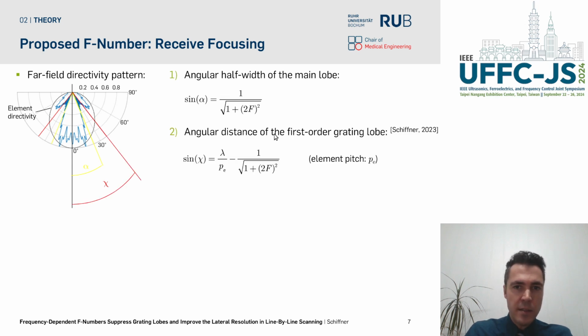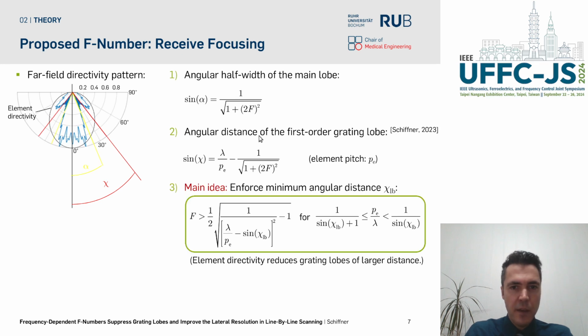The angular distance of the first-order grating lobe additionally depends on the element pitch to wavelength ratio. The main idea is to enforce a minimum angular distance, chi-lower bound, by using this f-number. This distance, owing to the element directivity, controls the grating lobe amplitudes.